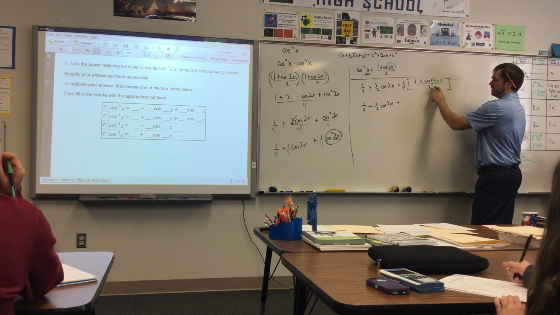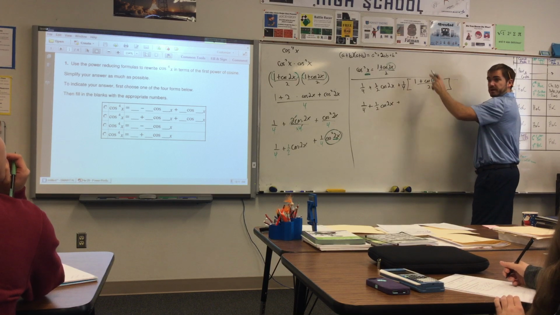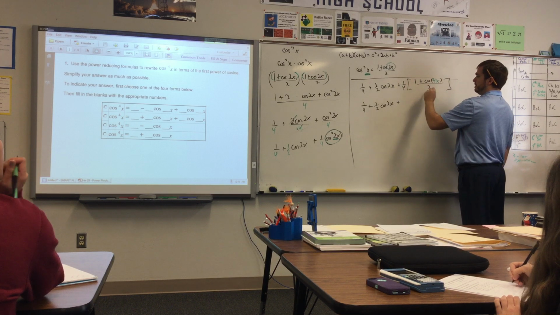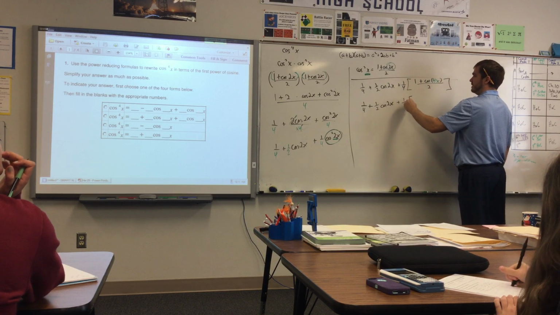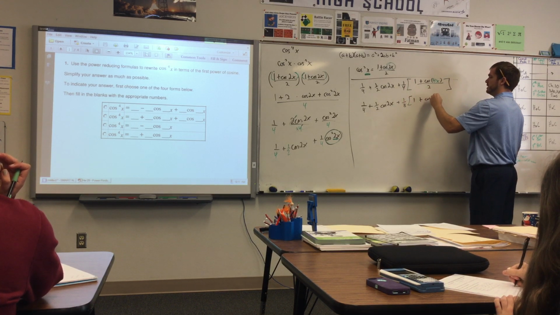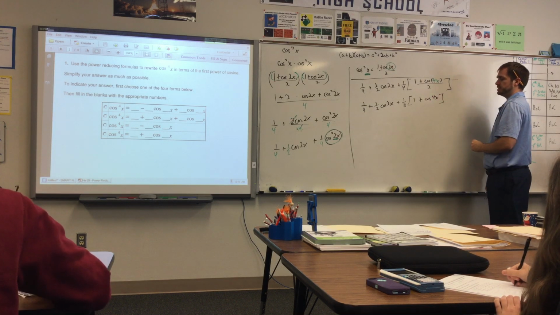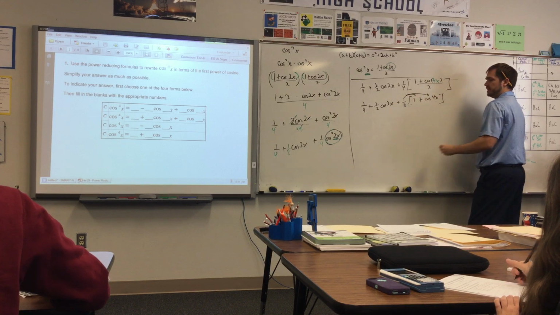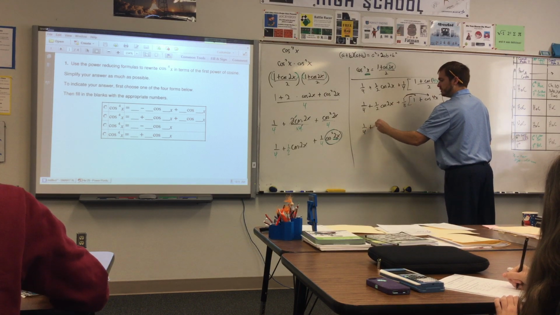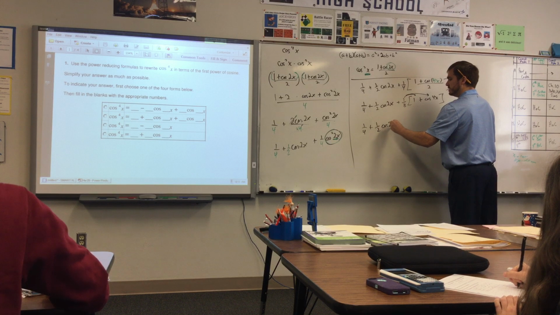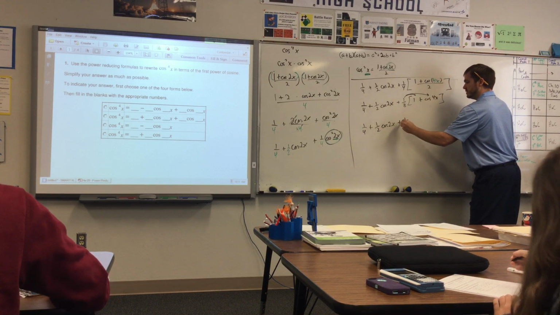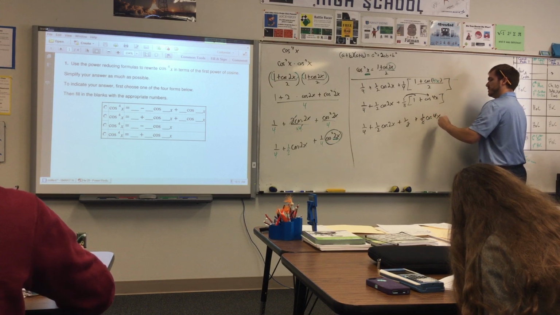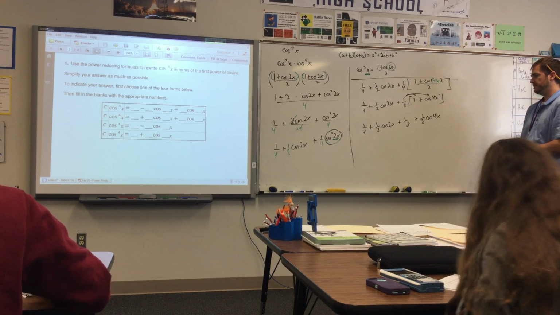I'm going to pull this 2, which is divided by, Chloe, just like we saw a second ago, out as a multiplier. So I've got 1/8 times 1 plus cosine 4x. And then I'll distribute that 1/8. So I have 1/4 plus 1/2 cosine 2x plus 1/8 plus 1/8 cosine 4x.